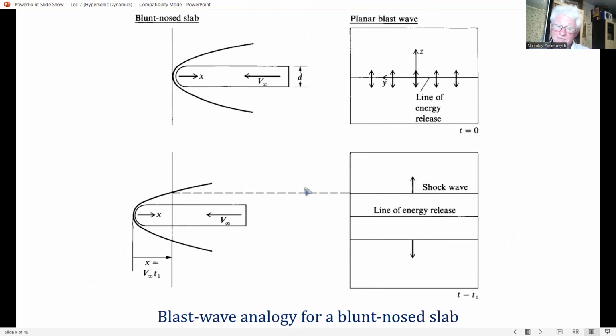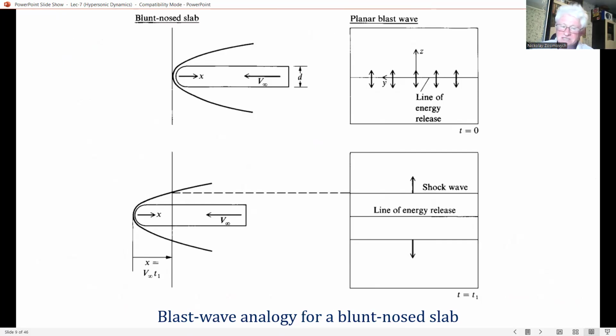The shock waves shown on the right of both previous figures and this one are called blast waves because they are created in both cases by the instantaneous release of a large amount of energy, as would be the case of a concentrated explosion or simply blast, right?